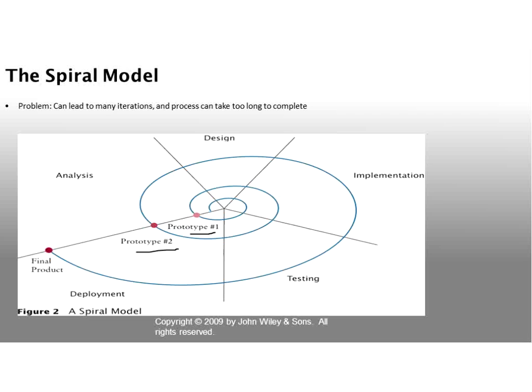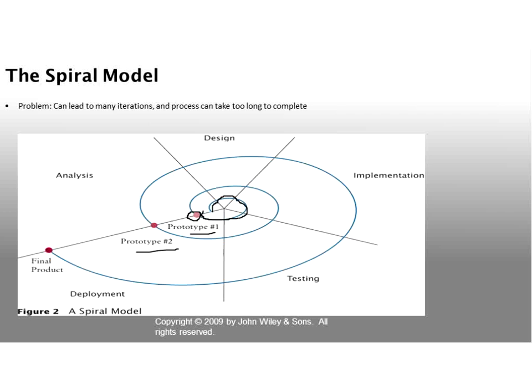Here we have different iterations: iteration number 1, iteration number 2, and so on. In the first iteration, we have the analysis phase, then design, implementation, testing, and deployment. Once this iteration is completed, the end result is a prototype. So now we can see what our original software will look like, the face of our software.